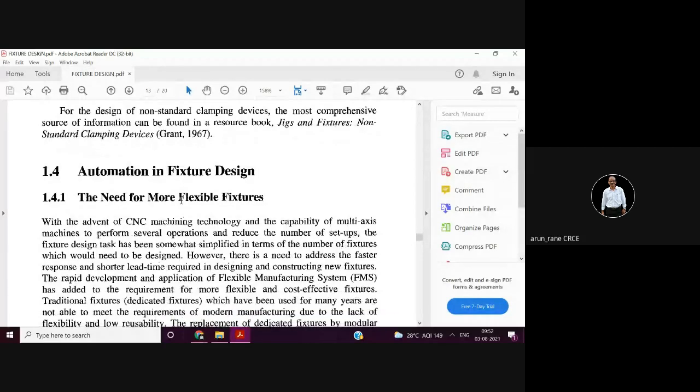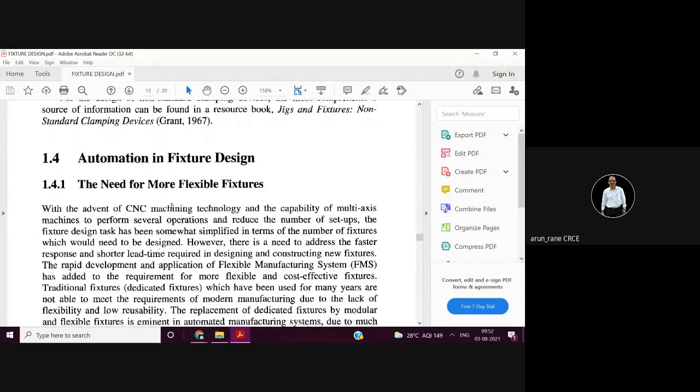How to bring automation into fixture design? There are some software packages which use standard components. That is nothing but the automation in fixture design. Even the base is standard, and the tenons are standard.